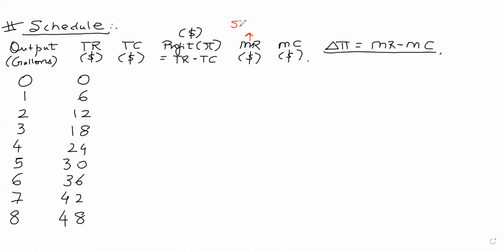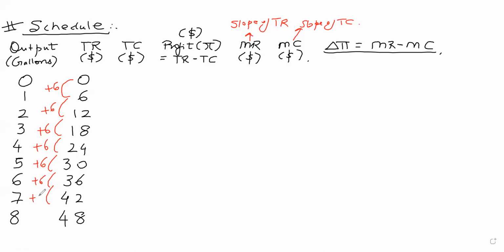So I can write MR is the slope of TR and MC is the slope of TC. You can look at total revenue, guys. It's going up by 6 every time. That means it has a constant slope. For every 1 unit increase in output, your total revenue is going up by exactly 6.